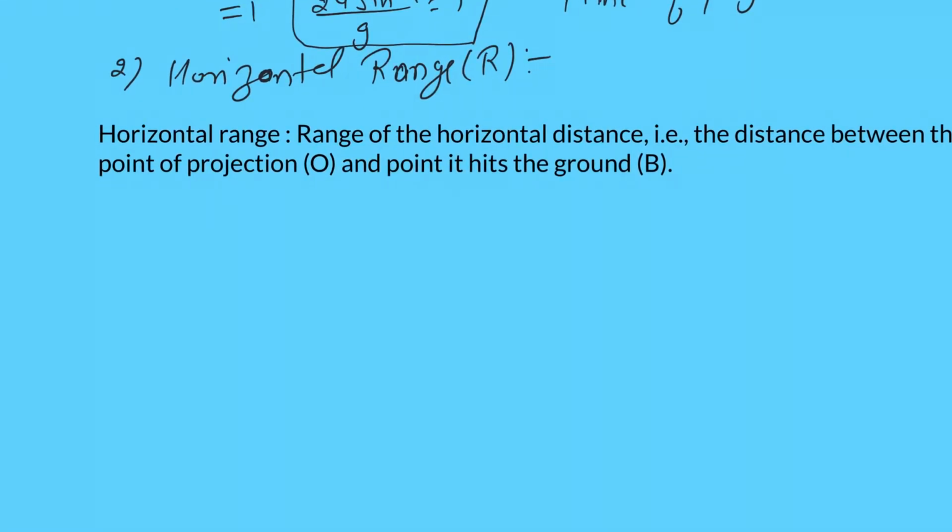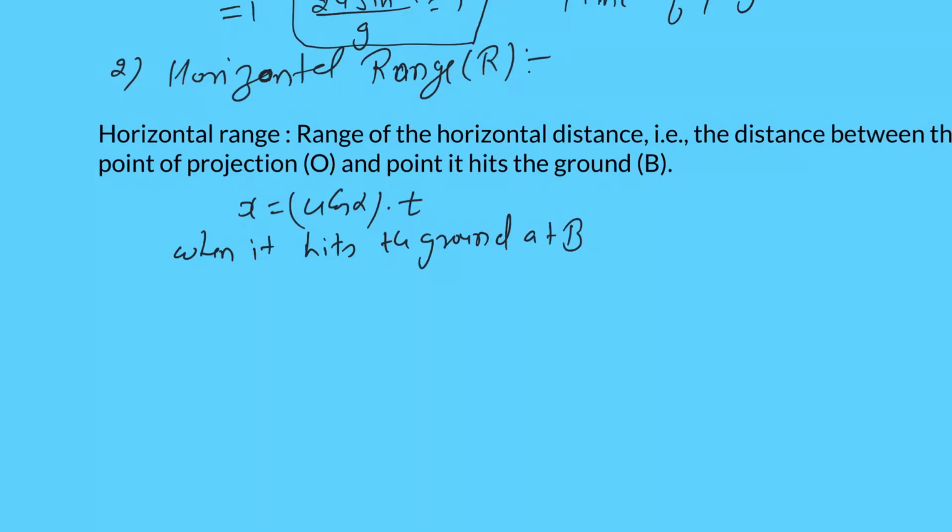So we can write that we know x is equal to u cos alpha t, and when it hits the ground at B, the time is the time of flight.